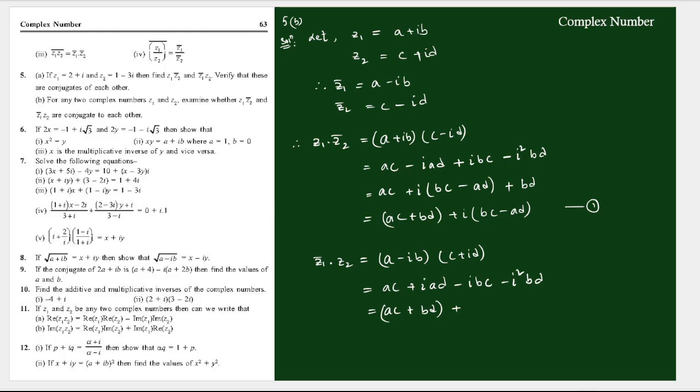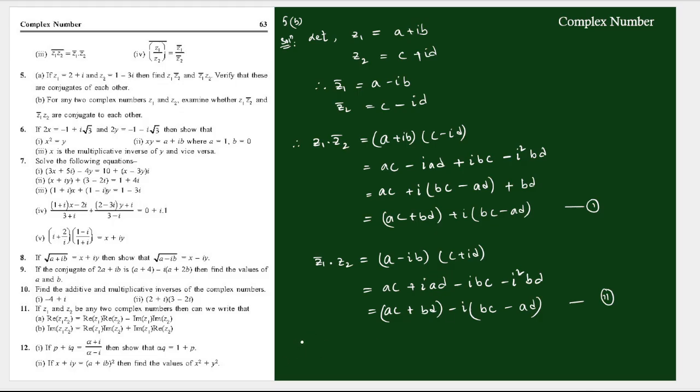Better we take minus i common, then BC, then this one will be minus AD. So BC minus AD. This is plus, this is minus. So they are conjugate of each other.